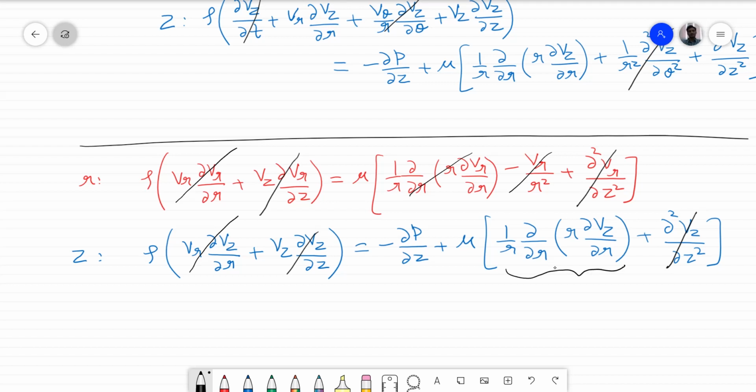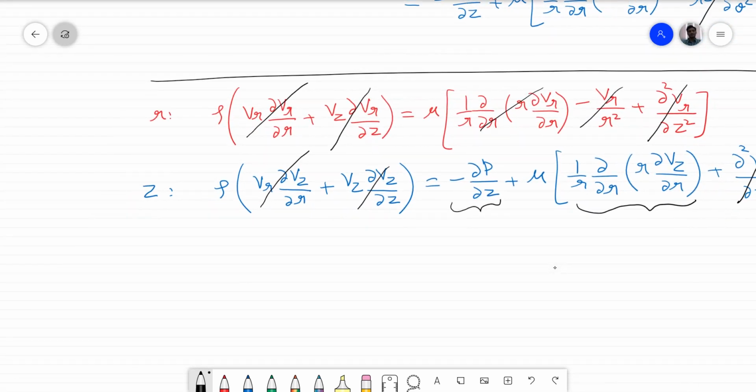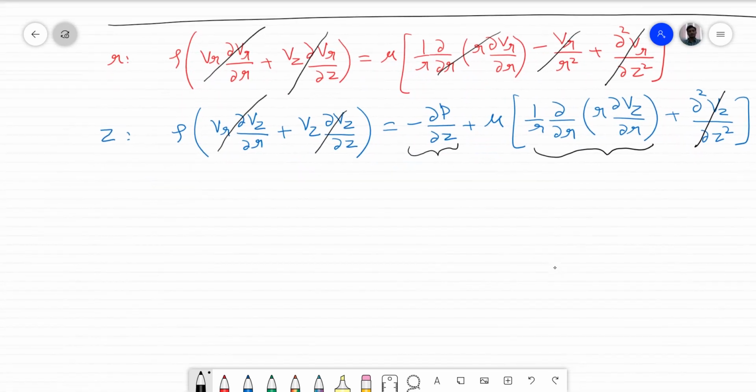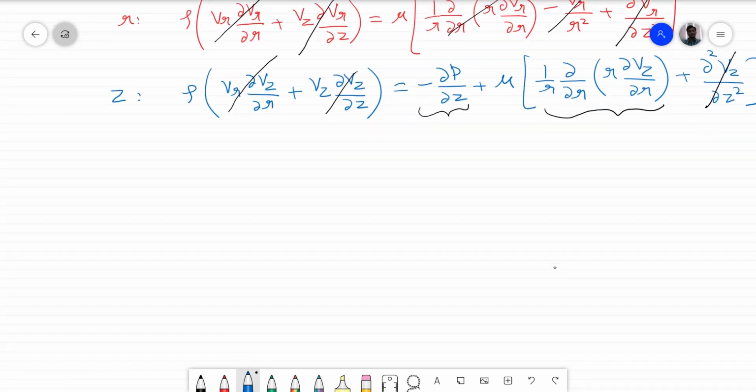Similarly, the dp by dz term is also non-zero. So the final equation that we want to solve is dp by dz equals mu by r d by dr of r dVz by dr.